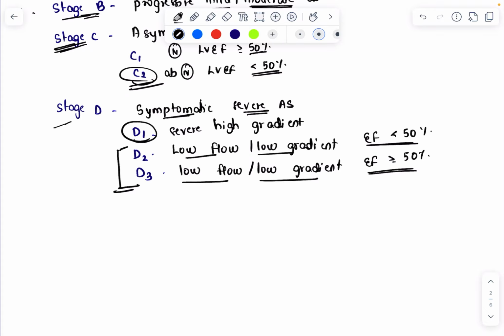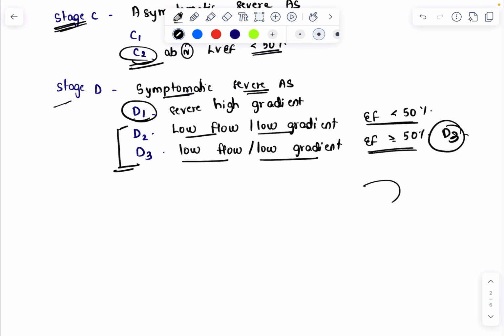So which one is severe? It is D3. Although here the ejection fraction is more, what happens is once the aortic stenosis worsens, the ventricular thickness increases. So this is the ventricle. With the severity of the aortic stenosis, the ventricle thickness increases.